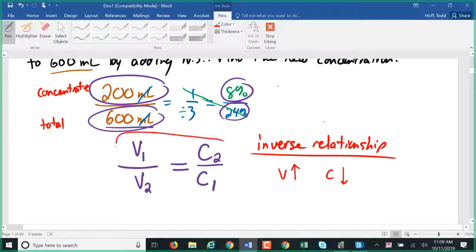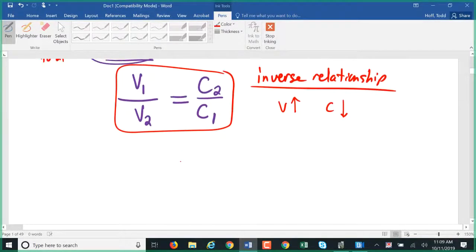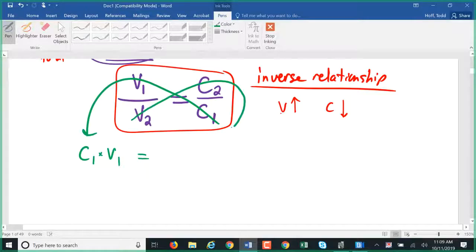This formula can be rearranged in several ways. The main way it's usually rearranged is just cross-multiplying. In a proportion, the cross products have to be equal. So if I multiply this diagonal, I get C1 times V1. And if I multiply this diagonal, I get C2 times V2.